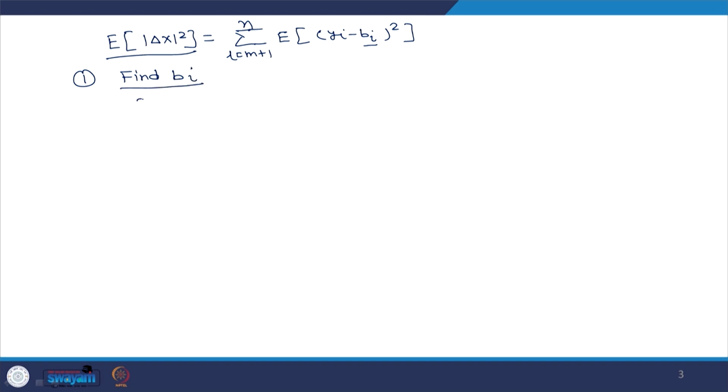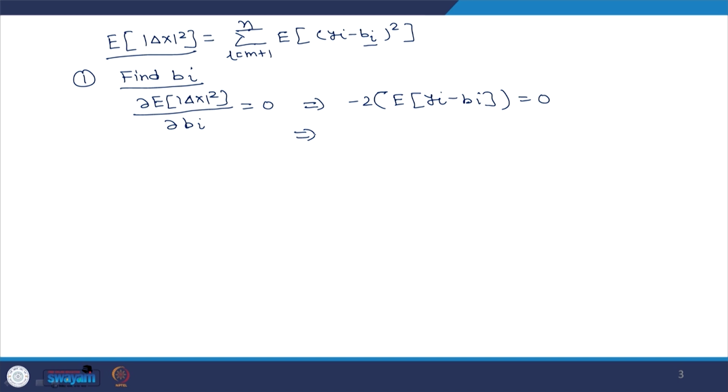For finding b_i, I will have del E upon del b_i equals 0, and this will give me minus 2 times E of (y_i minus b_i) equals 0. This means b_i equals E of y_i.